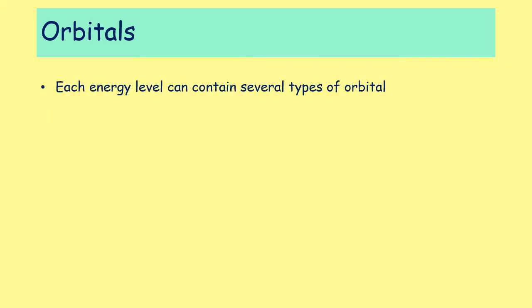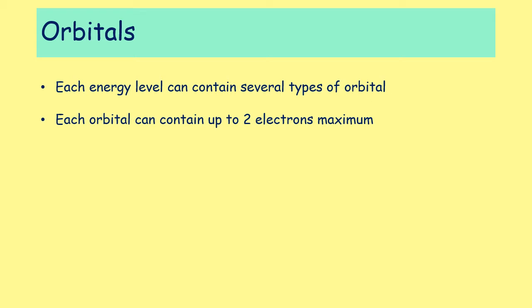Now, there are different orbitals within the same energy level, and an energy level can contain multiple types of orbitals. Each orbital can only hold 2 electrons maximum. Part of the reason for that is that electrons have a negative charge, and if you try and put 2 negative things close together inside an area of space, they're going to repel.